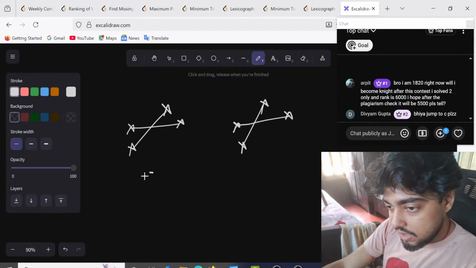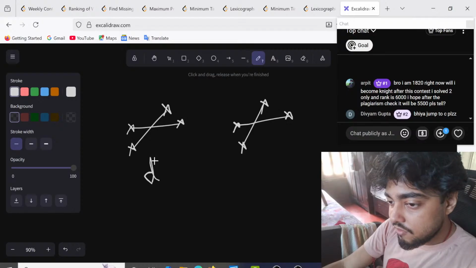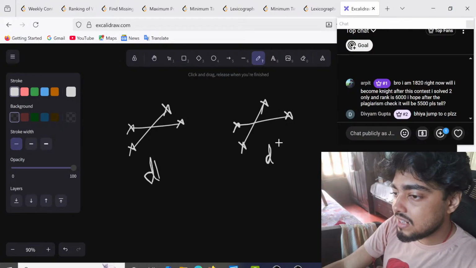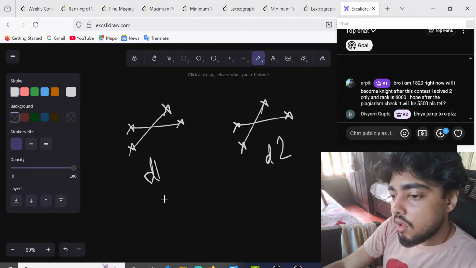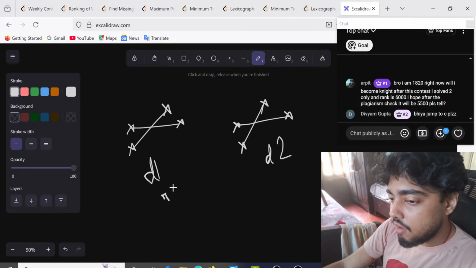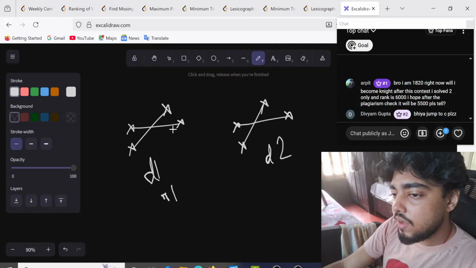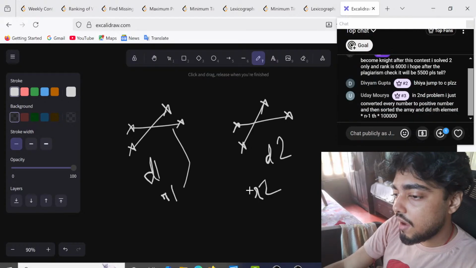This drone will be delivering exactly D1 deliveries. This will be delivering exactly D2 deliveries. On every multiple of R1, we have to charge this. On every multiple of R2, we have to charge this.